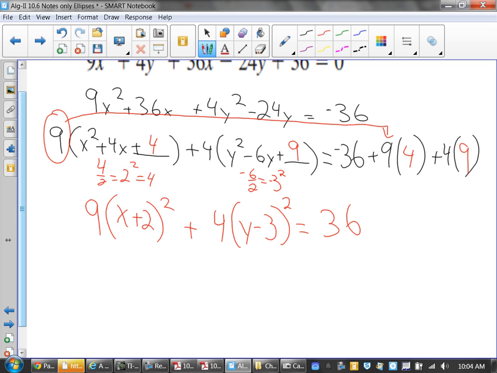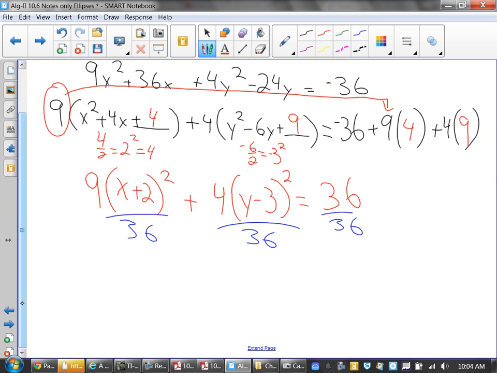Like I said, a lot of these types of problems, you wind up with numbers that work rather clean. Okay? Almost, because what do I have left to do? Divide by 36. Almost there.